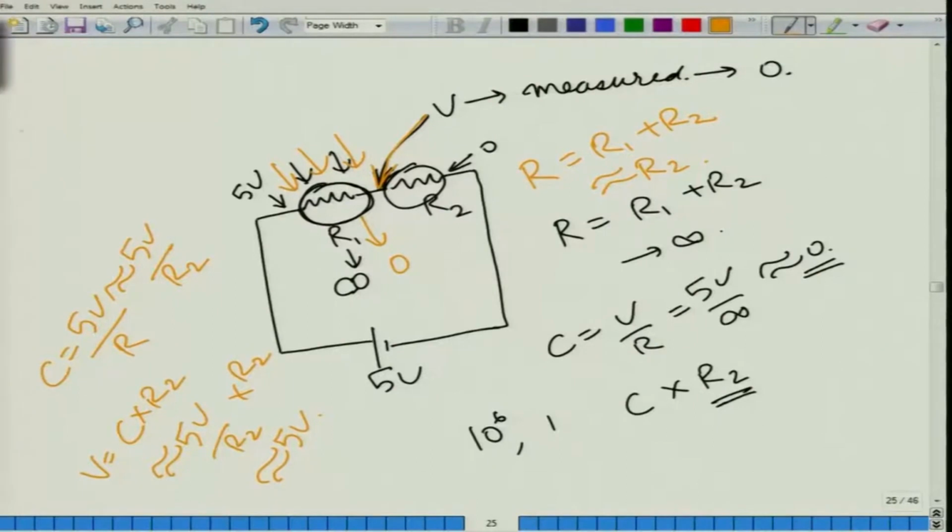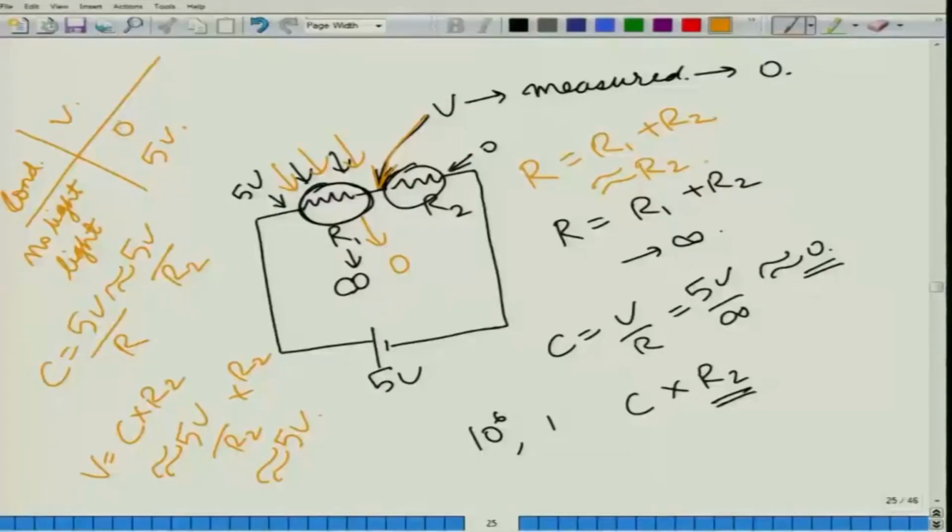Essentially, when we have no light, V is approximately equal to 0, and when we have light, V is approximately equal to 5 volts. That is considering the case where R1 goes from 0 to infinity. Now, because the value of R1 will not go to 0 and will not go to infinity, these values will be somewhere in between.